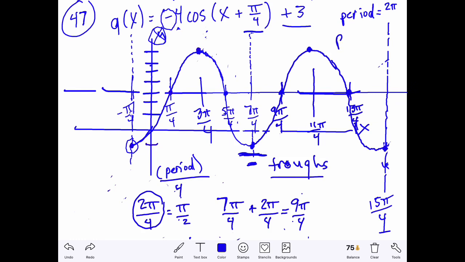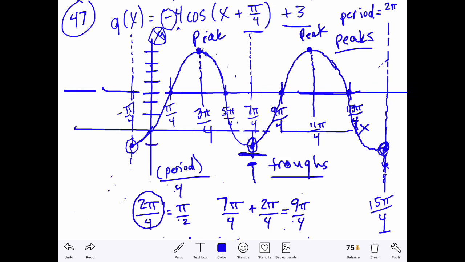And peaks. If you were just looking at this graph and you wanted to measure a period length without knowing it, you could go peak to peak, or trough to trough. So from here to here.